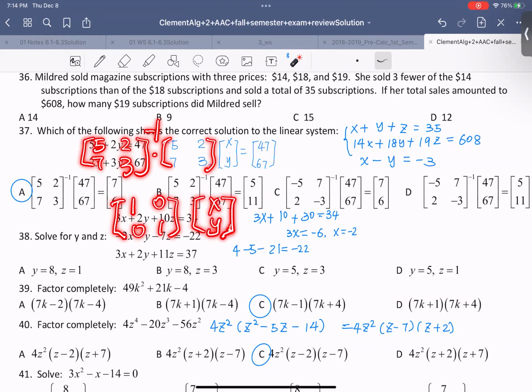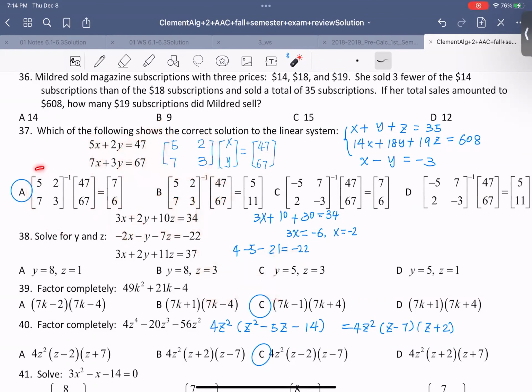This means 1 times x plus 0 times y, so it becomes x. 0 times x plus 1 times y, which is this. That is exactly the result of this. When you do this in a calculator, you will have this immediately. And that's your x, y value.